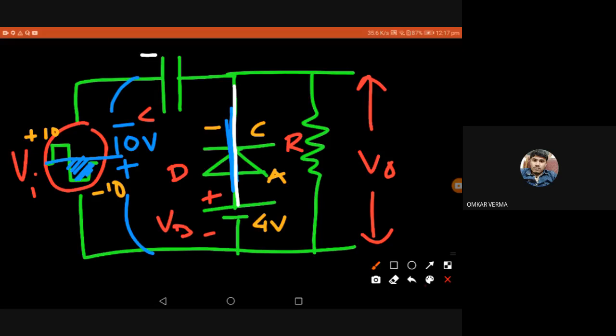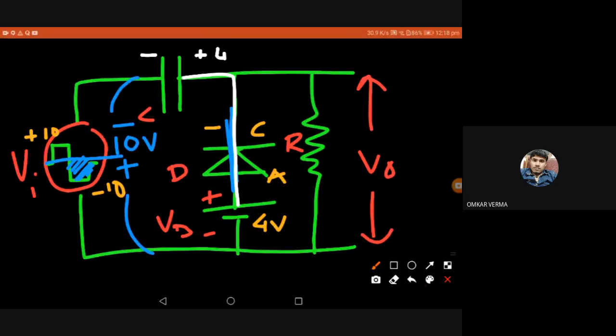VB is going to give a plus 4 here. That means the input is giving negative charge on one plate. So what is the net effect? What is the potential difference across the terminals of the capacitor? That is simple. You can see it is 14 volt. That means both the input and VB are going to act as a series of battery supply, right? You can see the sign minus plus, again minus plus. Both are going to add.